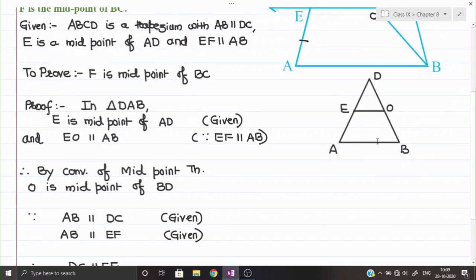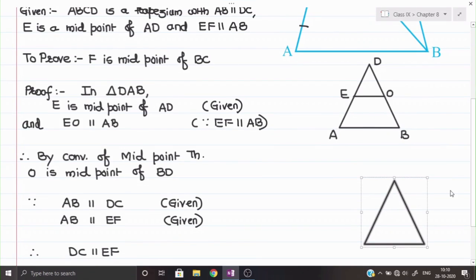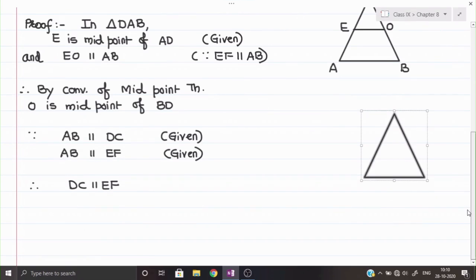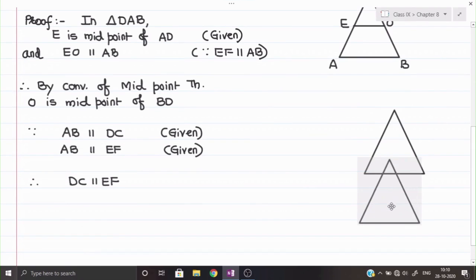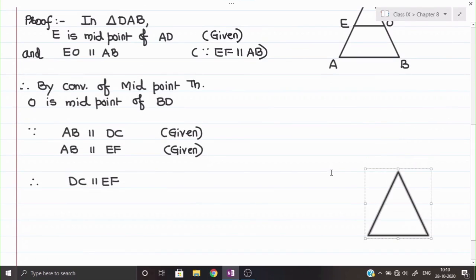Now let us draw the triangle once again. It is not allowing me to copy. Okay, we can copy the first triangle because again I require one triangle here. So I am taking this triangle a little downside. Okay, I am placing the triangle here. In the same way that line will also be required, and I am placing it here.